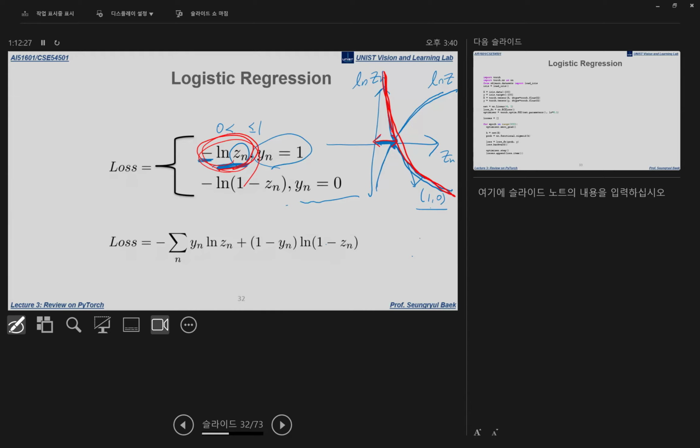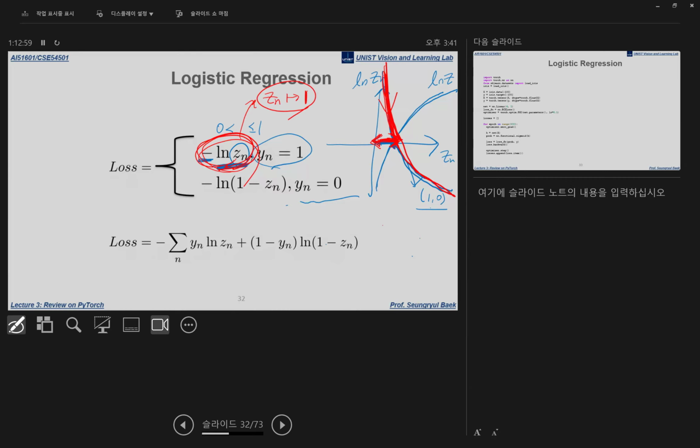I mean, in this graph, when Z is bounded, minimizing the loss minus ln Zn means we will eventually make Zn go to 1. Okay, so in this bounded range, if we minimize this minus ln Z, that is making Zn go to 1. Okay, are you guys understanding this?